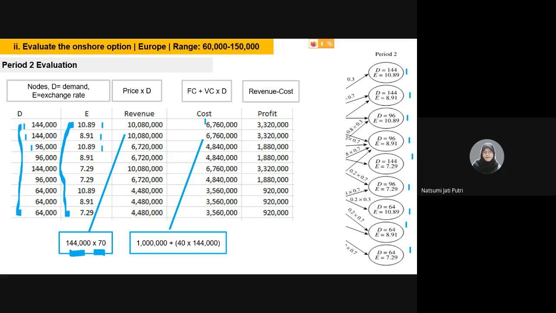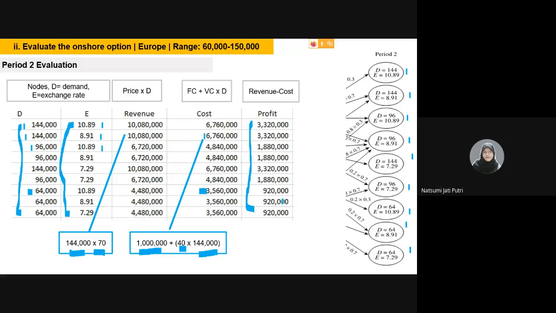And then we compute the cost, which is fixed cost 1 million plus the variable cost 40 times each demand here. So for this one, it is 1 million plus 40 times the demand here, which is 64,000, and so on. And then for the profit, just revenue minus cost, and we got this.